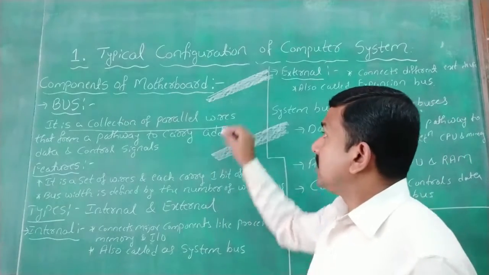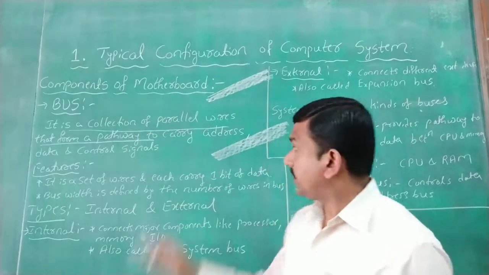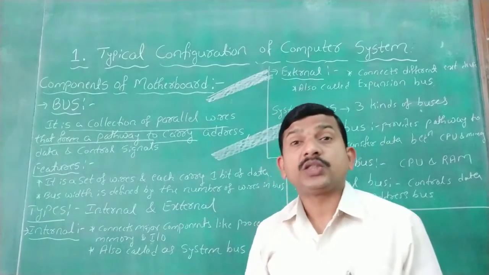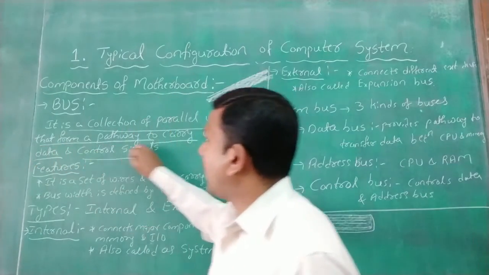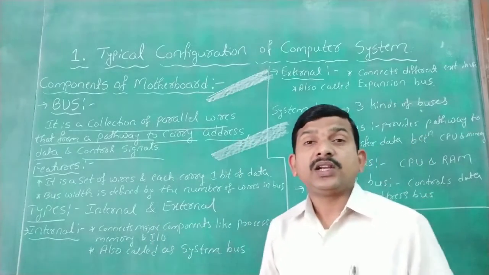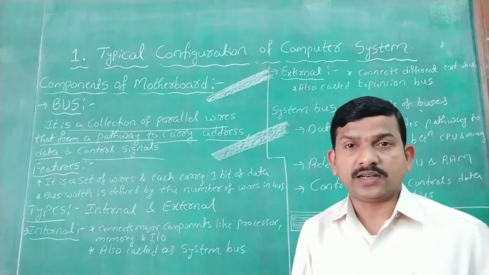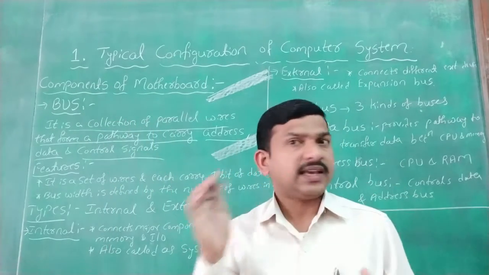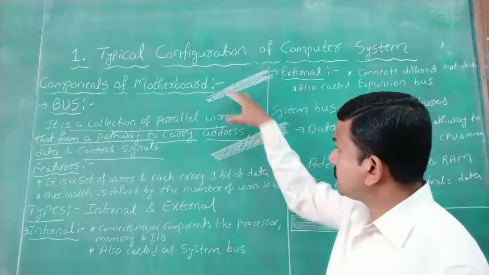Why do we use it? A collection of parallel wires that forms a pathway. It acts as a pathway to carry address, data and control signals. Normally an ordinary bus carries people and some luggage. In a similar way, in a computer system we use these cables.